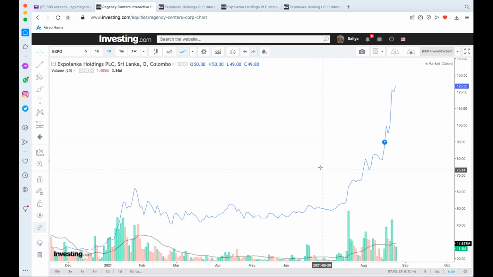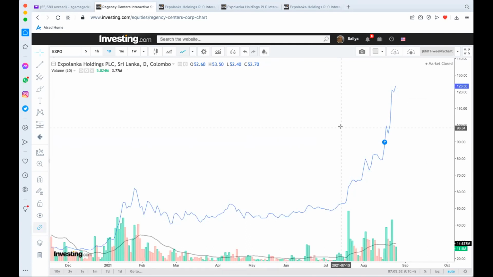Therefore, I'm using the line chart first, and then we will be turning the style to either a bar chart or a candlestick chart. Now, this is Expolanka, and a lot of people are familiar with Expolanka's price action, and a lot of people might have benefited from it.